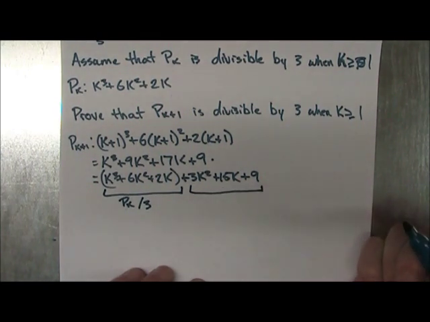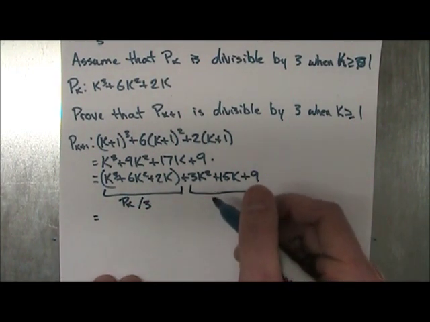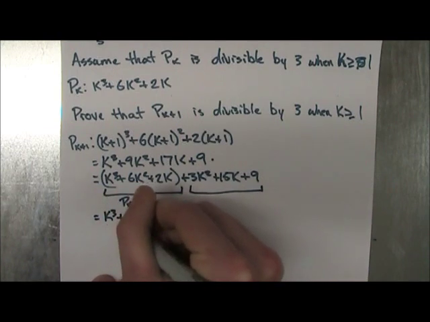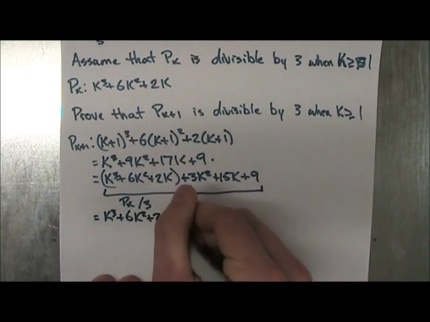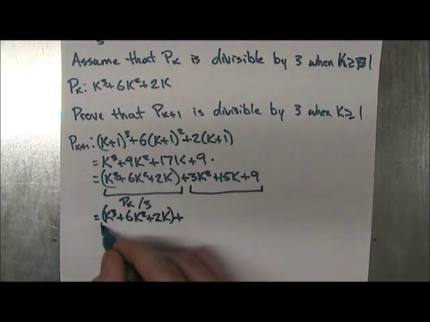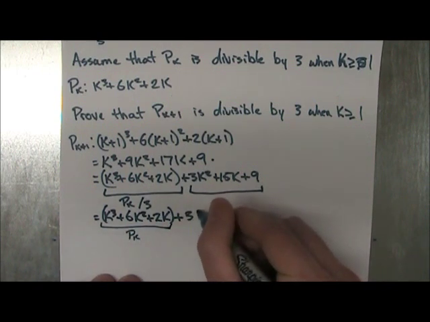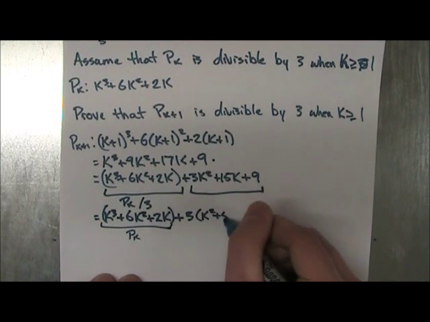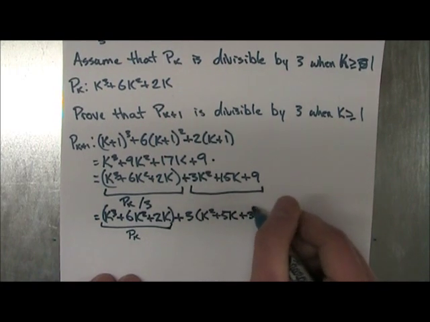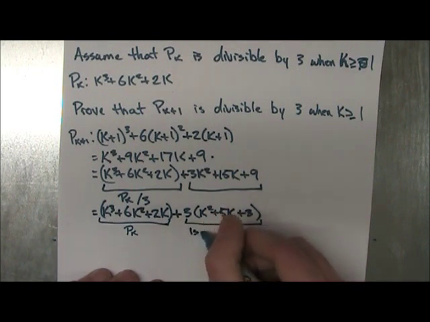If you didn't notice yet, this part of our expression actually has a common factor of 3. So let me rewrite this: Pk in parentheses, plus, taking out the common factor, 3 times k squared plus 5k plus 3. Because we took out the 3, we automatically know that this section of our expression is divisible by 3.